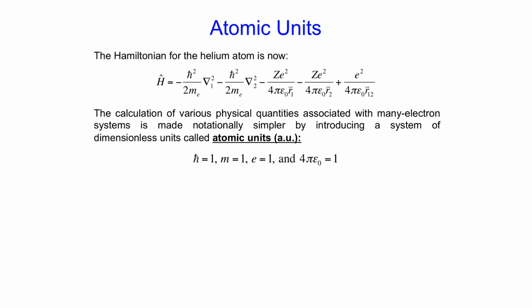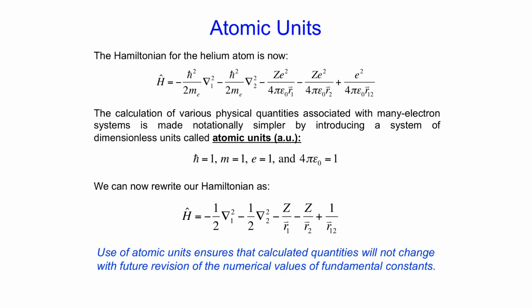Again, it's a simplification tool that we can use to make our notation and calculations a lot simpler. If we incorporate atomic units into our Hamiltonian for the helium atom, we can see that it simplifies nicely into a relatively manageable expression.